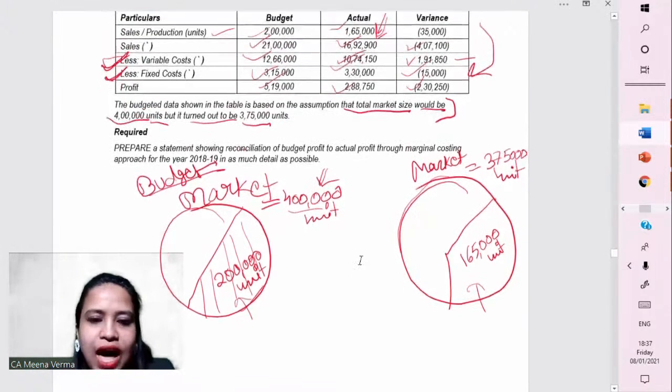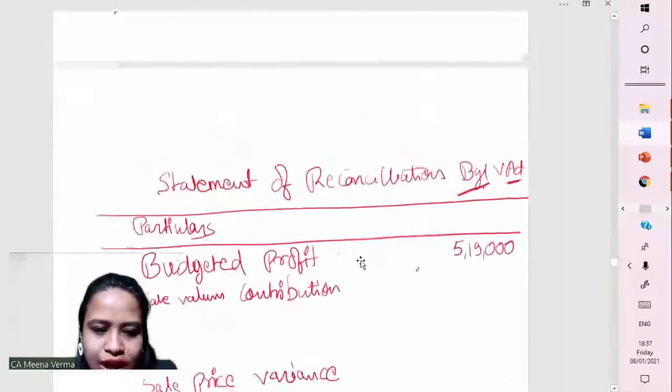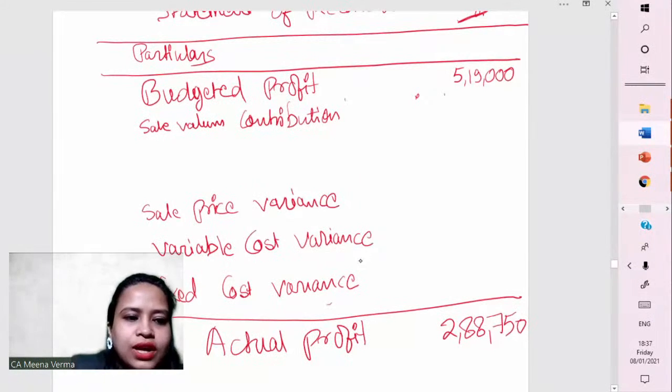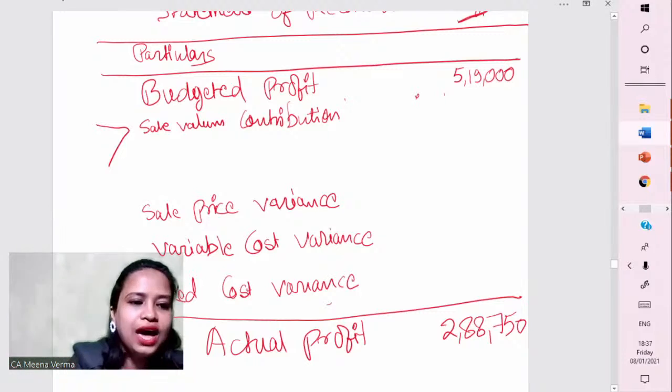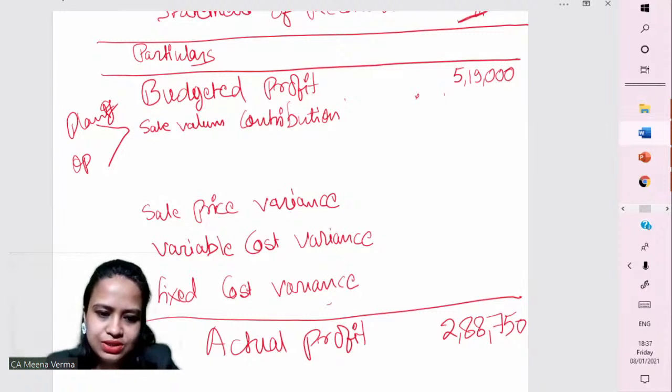So in the sales volume variance, we have the option to calculate the planning variance and the operation variance.